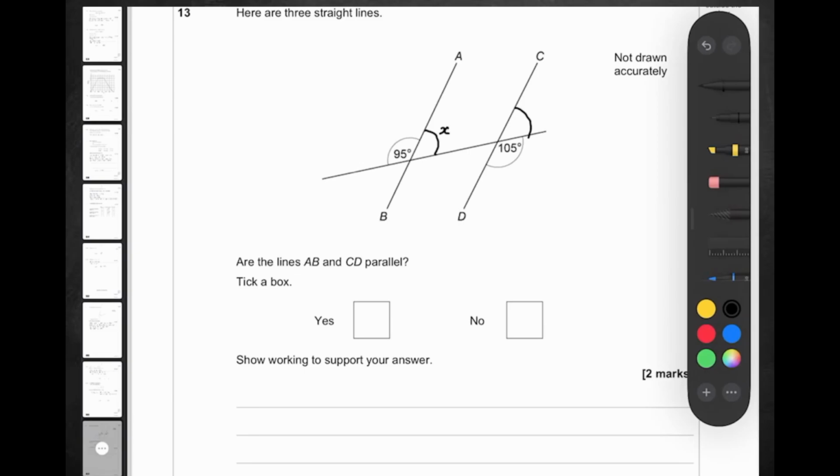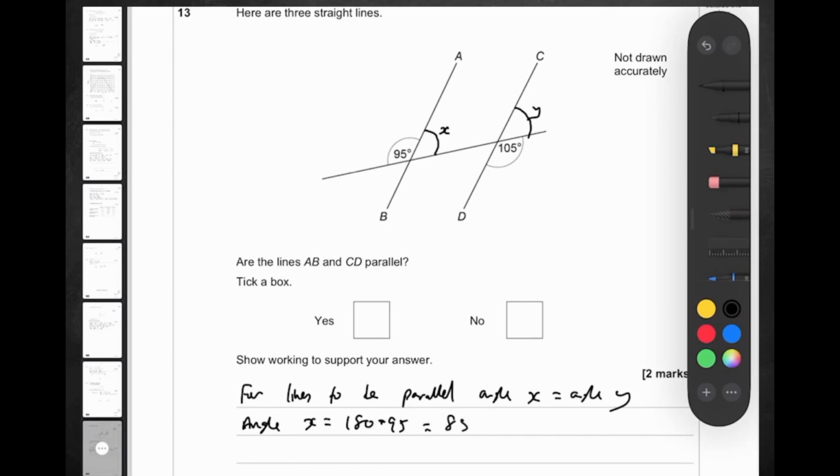So I will call this X and this Y, and I will say for lines to be parallel, angle X equals angle Y. Angle X equals 180 minus 95 due to angles on a straight line adding up to 180, which gives us 85 degrees. Angle Y equals 180 minus 105 for the same reason, and that's 75.